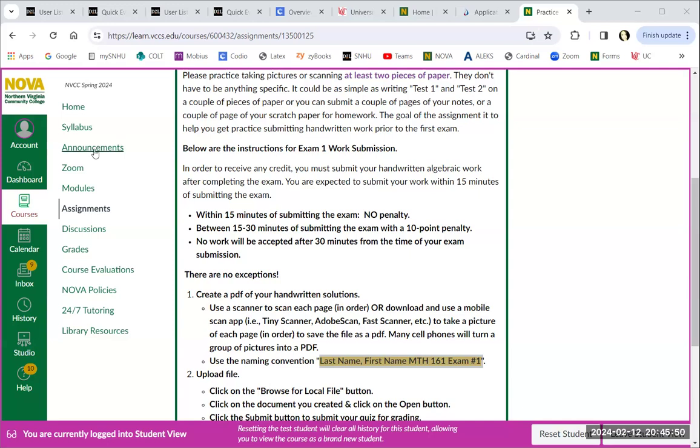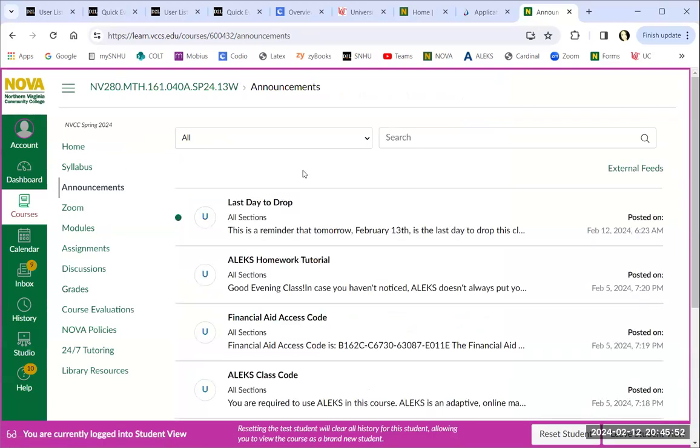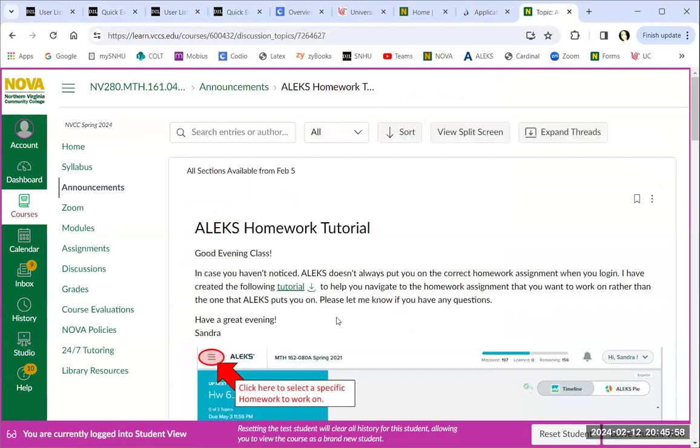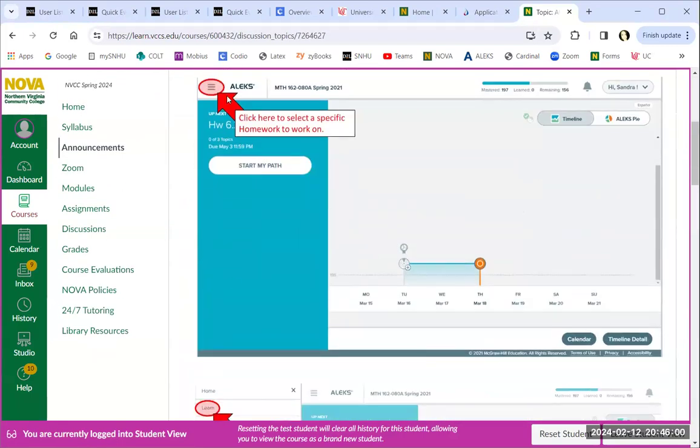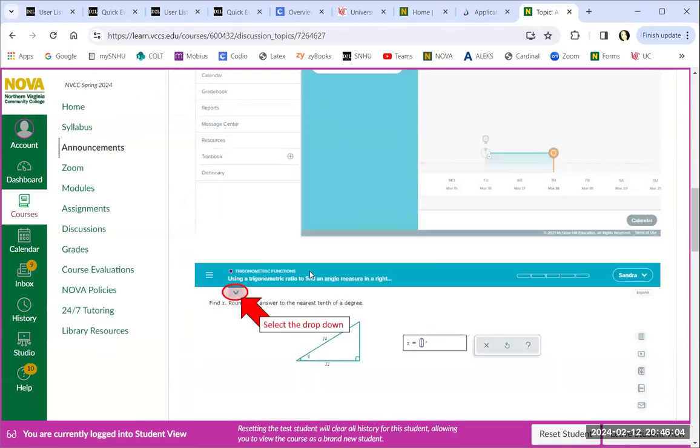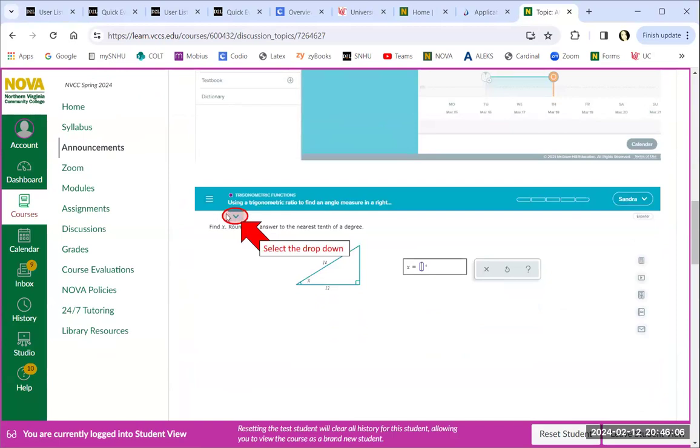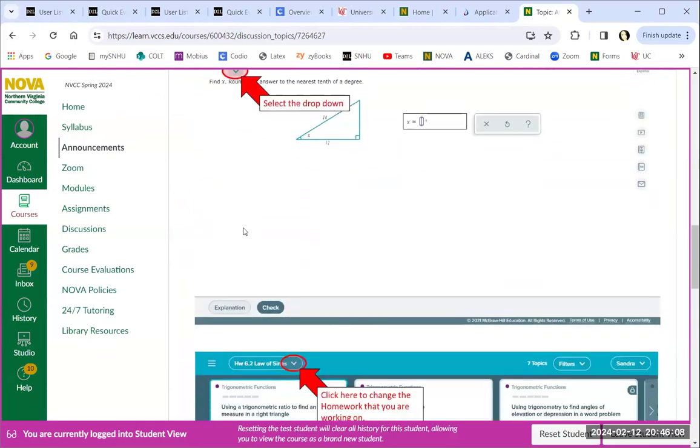Okay. And then there's also a tutorial. Let's go over here to our announcements. And this Alex tutorial, if you click on that, this also walks you through how to go to the 3 lines. You want to choose Learn, this little drop down arrow.